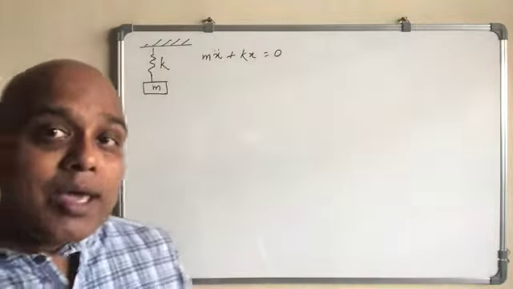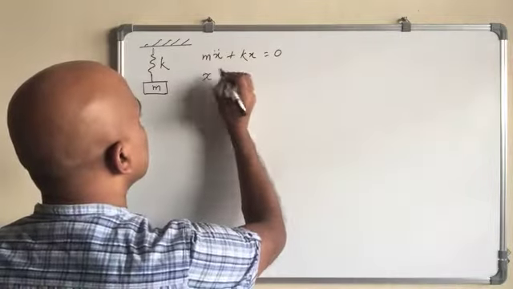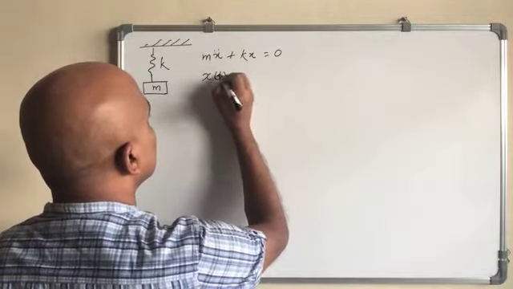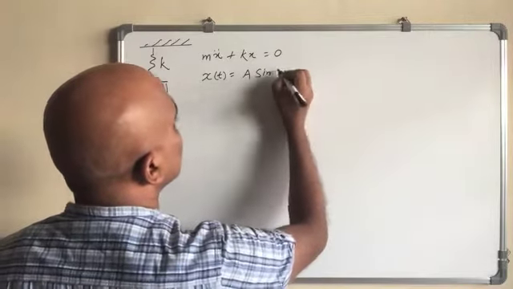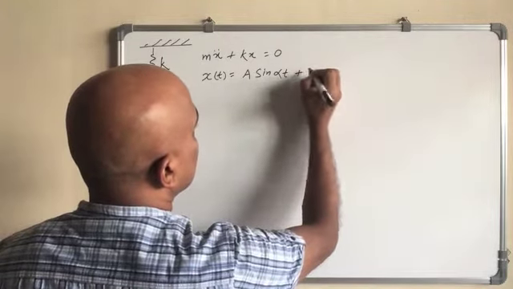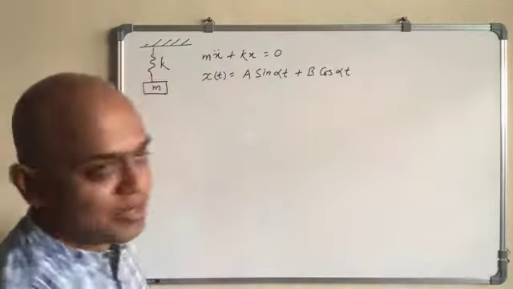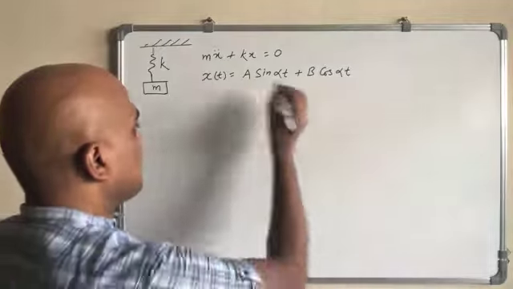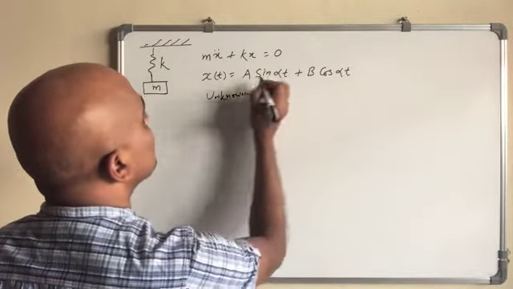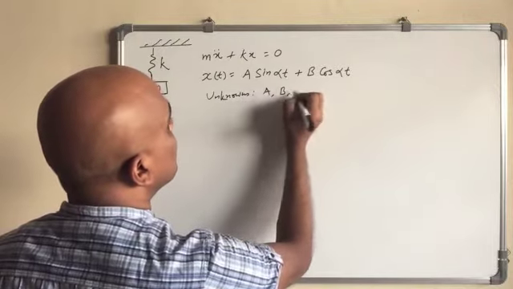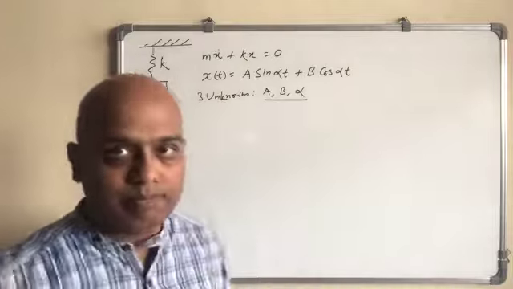Now we said that the solution will be of the kind a sin alpha t plus b cos alpha t, where the unknowns are a, b and alpha. There are three unknowns basically, right?